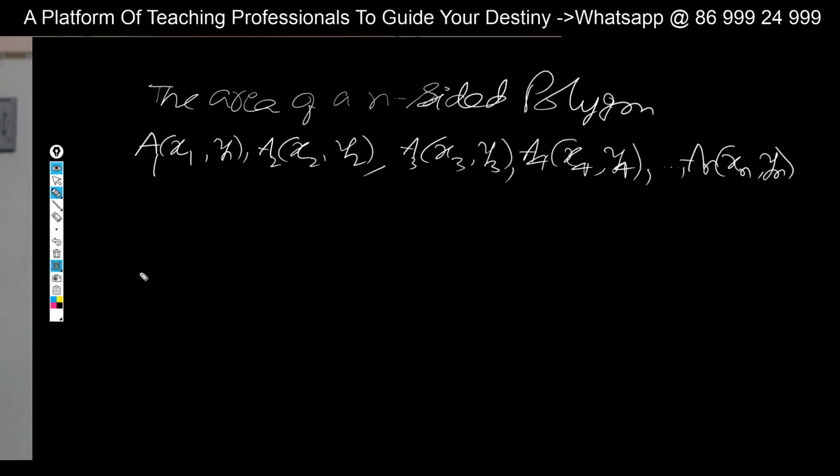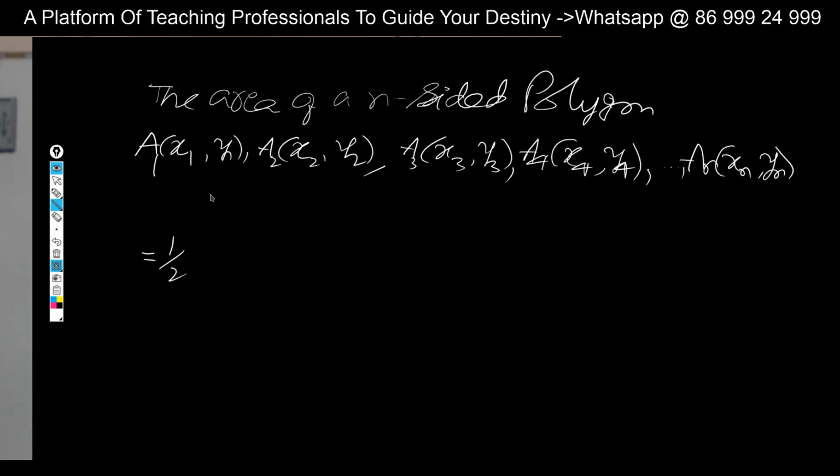What I am doing now, all the formulae of area of a triangle, area of a quadrilateral, area of a pentagon, area of a hexagon are packed into a single formula like this. Please follow this carefully.